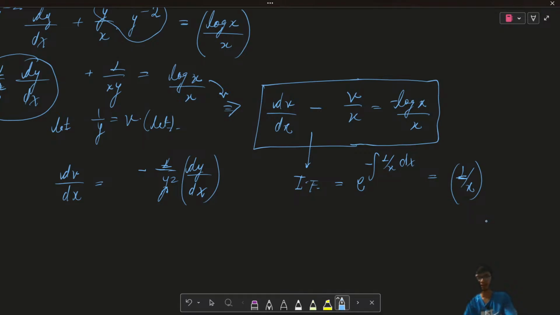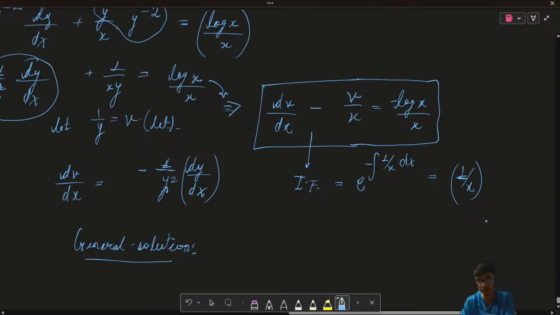Now once we get the integrating factor, our general solution is basically not in y. Please note, this should be in v, sorry, we have assumed this is v, right?